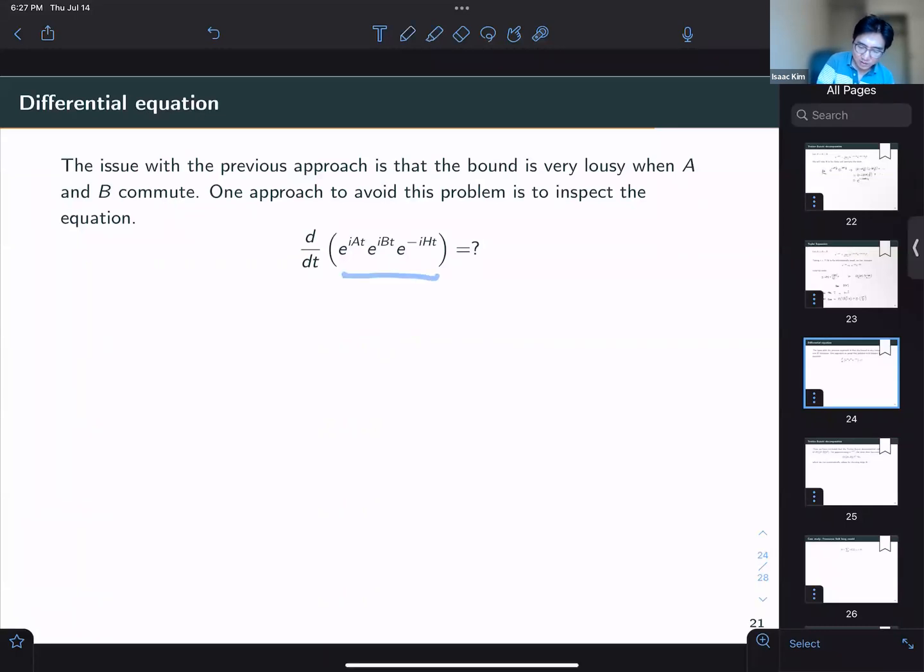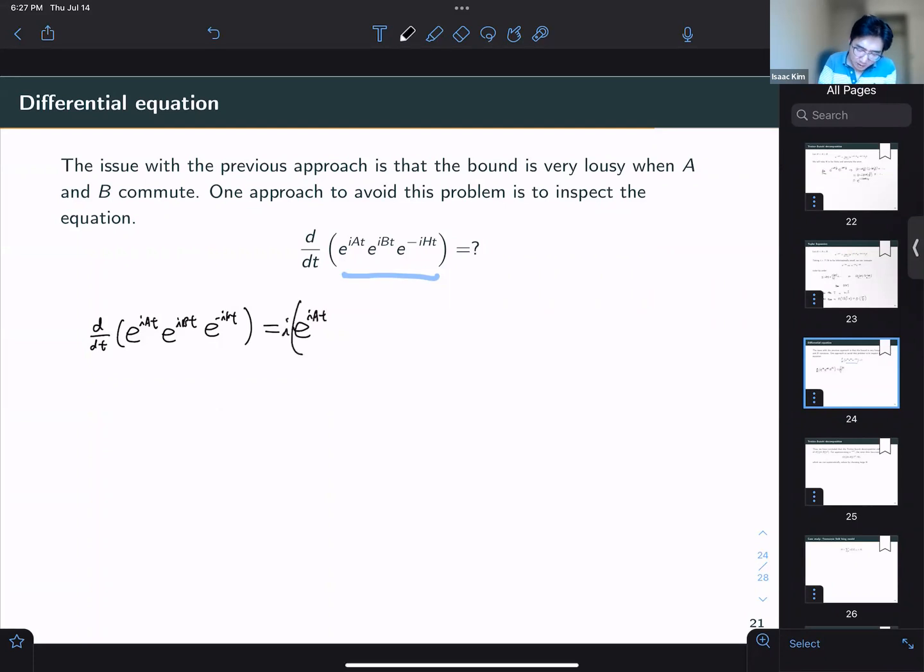And indeed, when t goes to 0, you get an identity. Moreover, you can guess that the 0th order and the 1st order terms will all cancel each other out. So if you take the derivative, what happens is the following. First, you have e to the iAt.